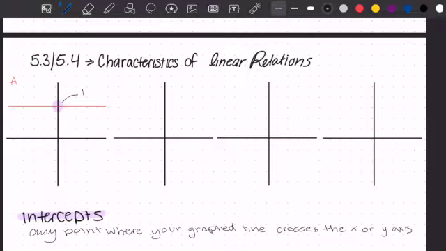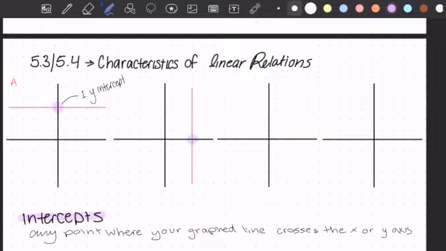So in this situation, we have one Y intercept. We can also see this looks like one X intercept. So in this point right here, we have one X intercept.